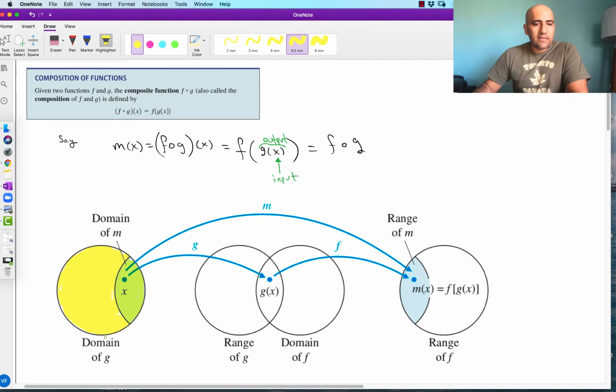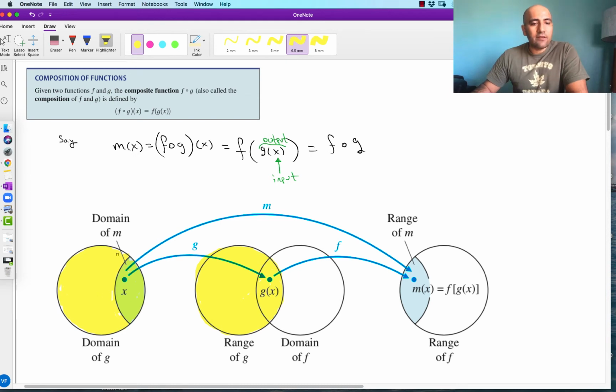Okay, so let's say that this entire circle, all of it, represents the domain of g, and then all of those values are transformed into values over here in the range of g. So this entire circle represents the range of g.